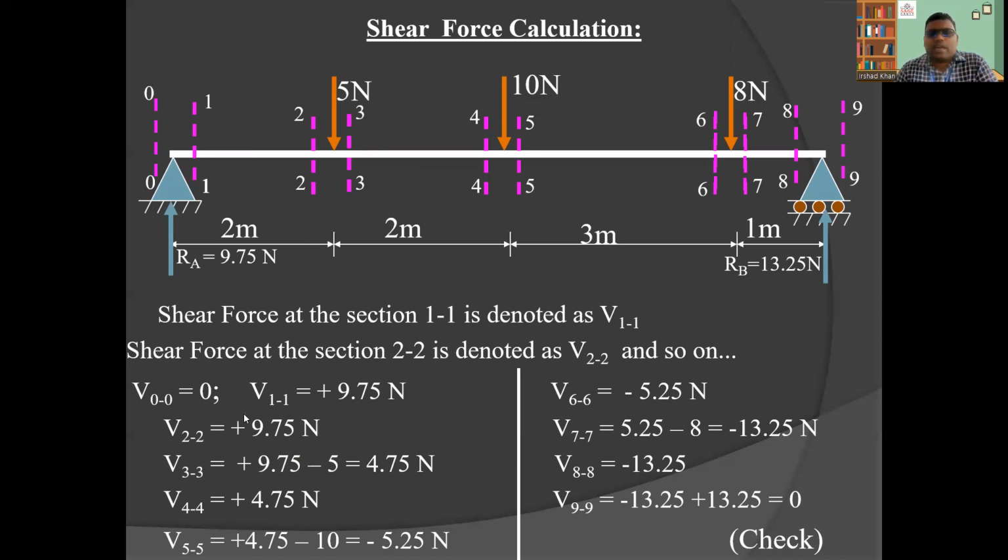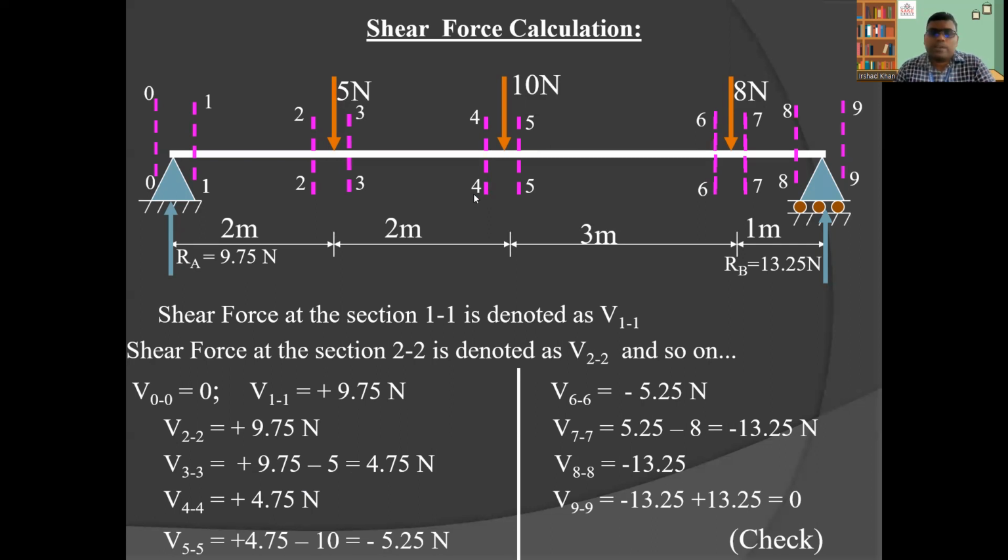Previously we take 9.75 as it is, and take the 5 Newton using the sign convention of the shear force. Here it is acting downward on the left side of section 3, so it will be 9.75 minus 5, which becomes 4.75 Newton.